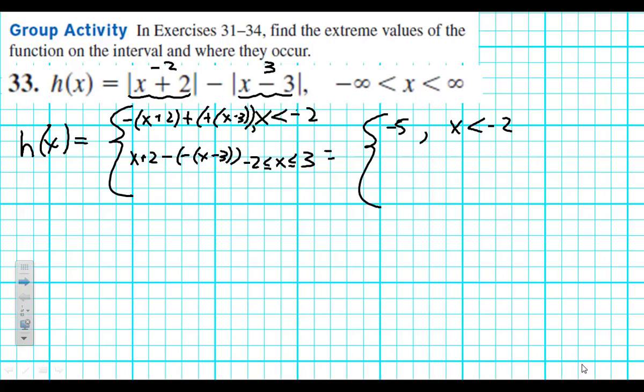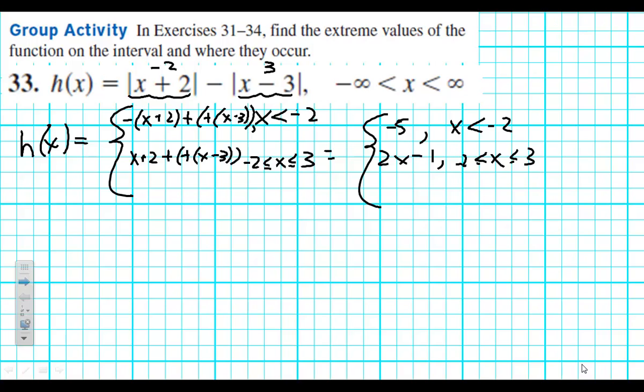And so, if I distribute the negative sign through, it looks like I have 2x plus 2 minus 3, 2x minus 1. And again, that is while x is between -2 and 3. Is everyone okay with that? Great. Last part.